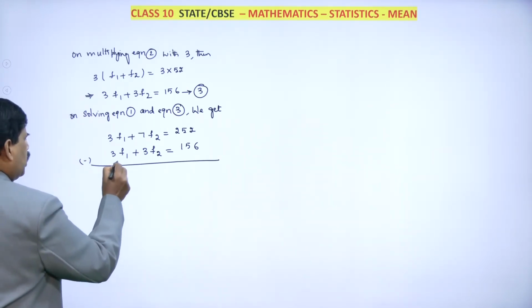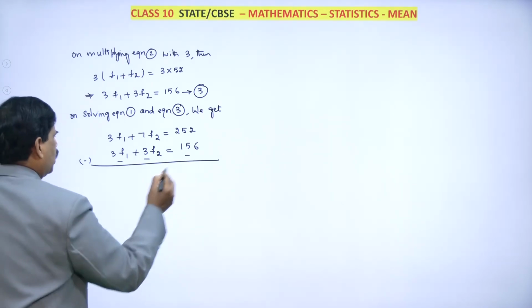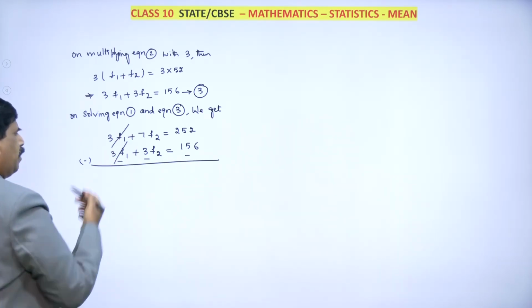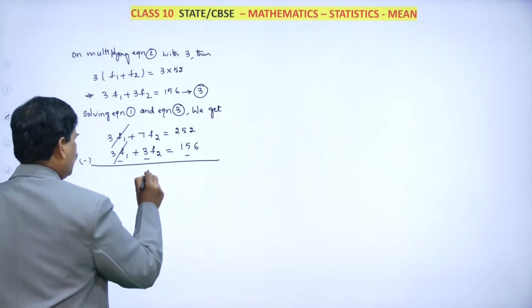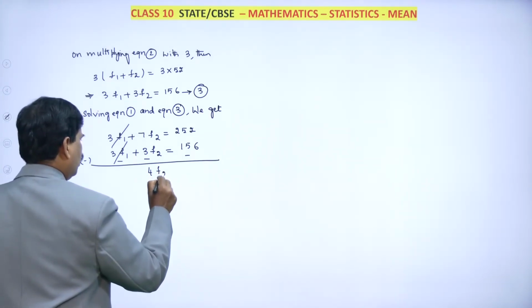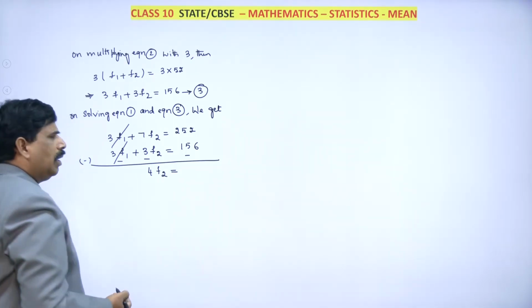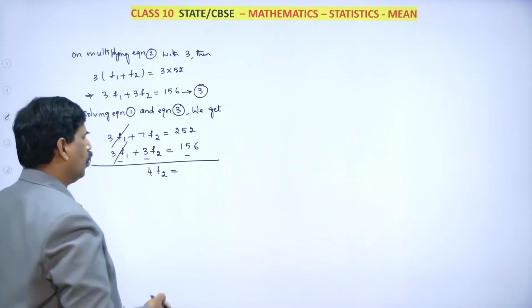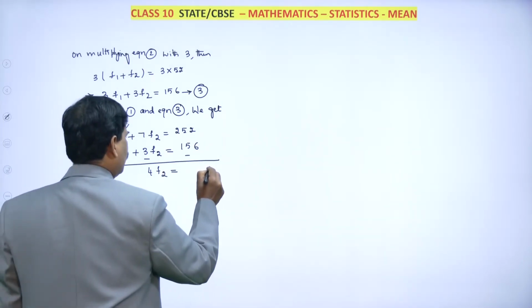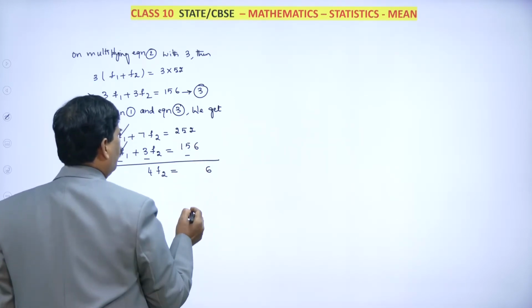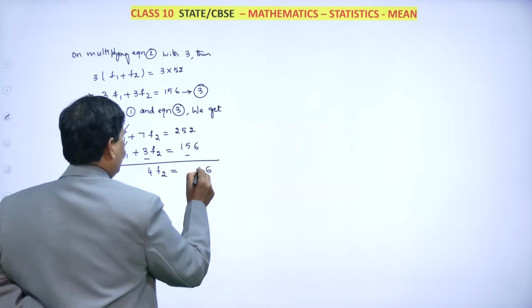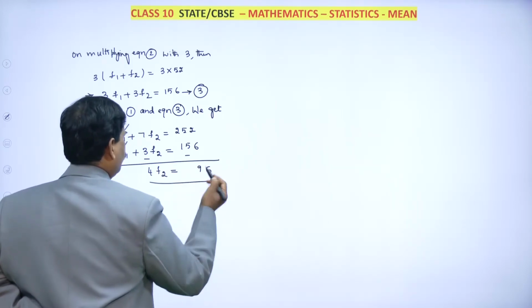So when I am going with subtraction, the signs will change. So plus 3f1 and minus 3f1 get cancelled. 7 minus 3 will be 4f2. This is equal to, you subtract it now, 252 minus 156. So 12 minus 6 is 6. 5 2s are 10, 4 and 1 is 5, so 25 minus 15 is 10 ... 96.